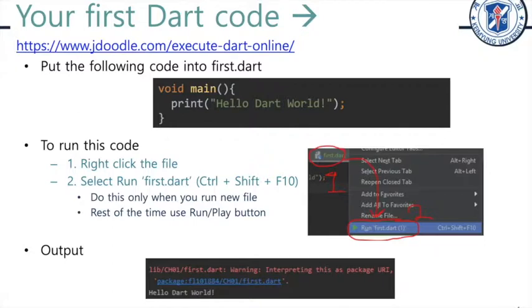So first, if you go to this website, which is jdoodle.com, we'll write our first code. Our first code has the task of displaying greetings for anyone who runs it.